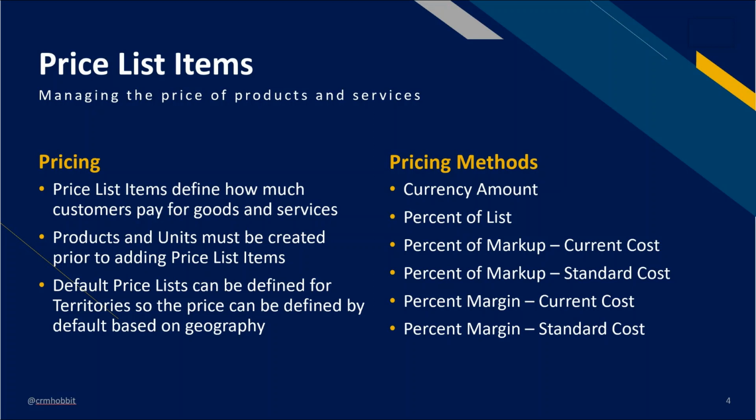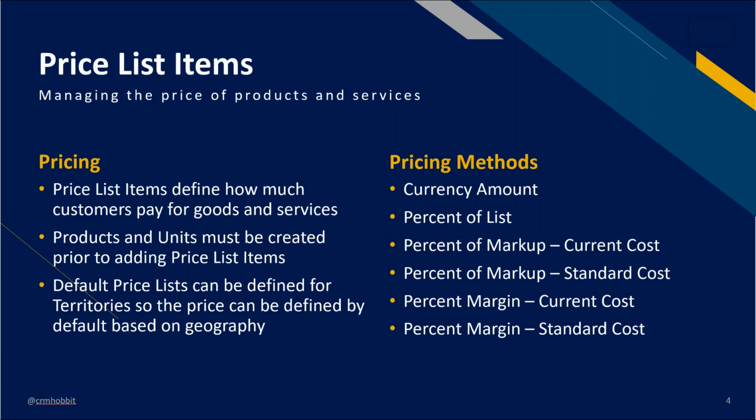So, for example, I have a friend who runs a company, and his costs were impacted by recent tariffs. So that would have an impact on the current cost. Standard cost could stay the same, but current cost, because that tariff is not an infinite impact to his costing, would impact the current cost.